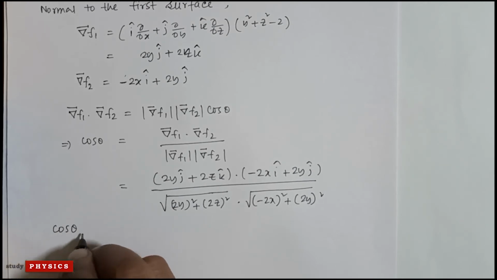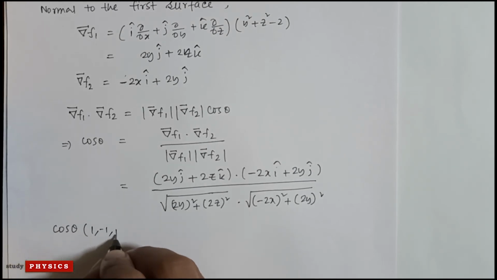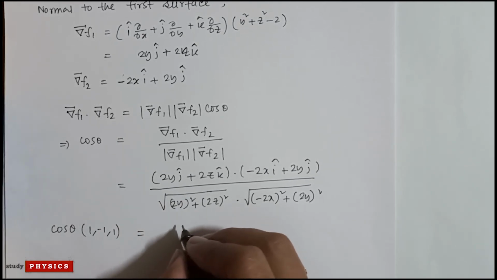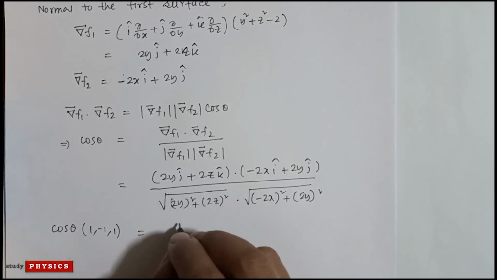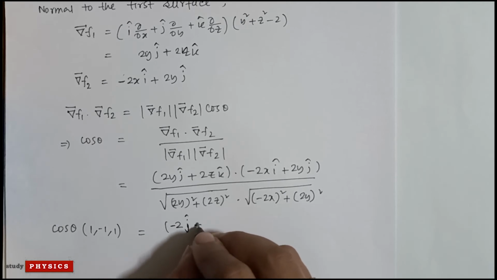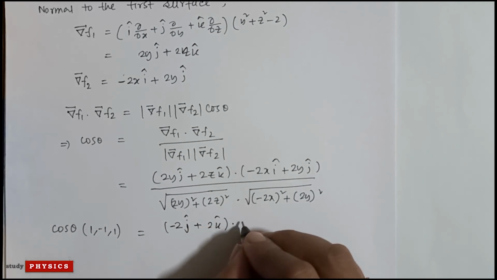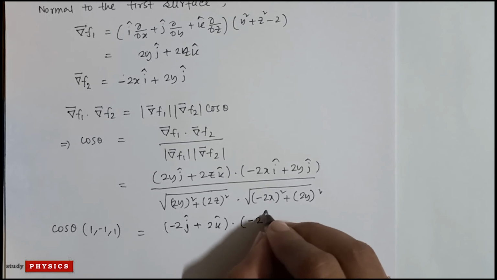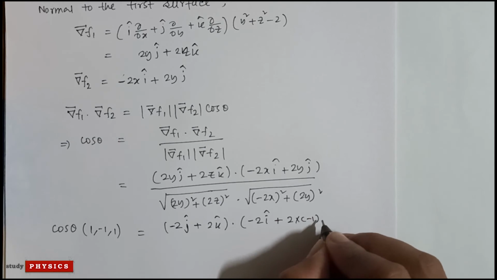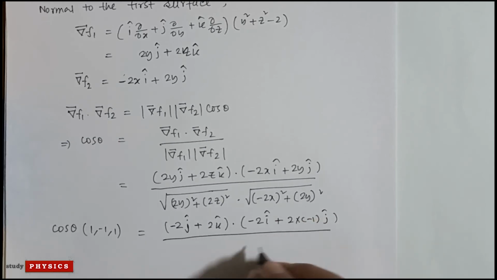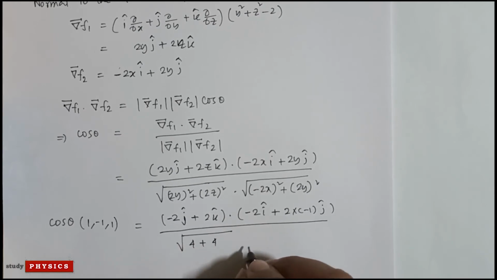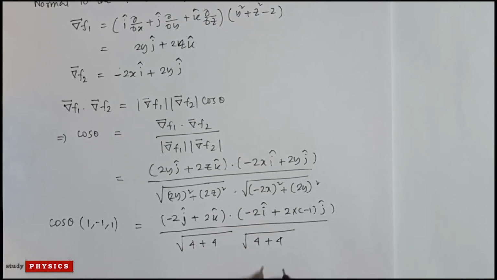So cos theta at the point 1, minus 1, 1 is, so y is minus 1. So 2 into minus 1 is minus 2j cap plus 2k cap dot minus 2i cap plus 2 into minus 1 j cap. So minus 1, that means 4 plus 4, and it's also 4 plus 4.